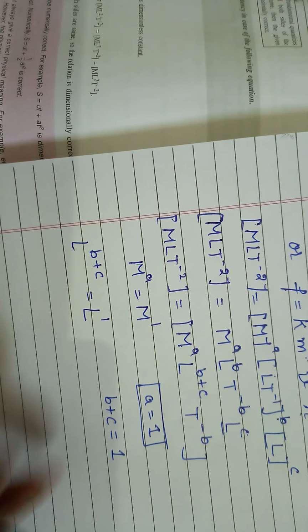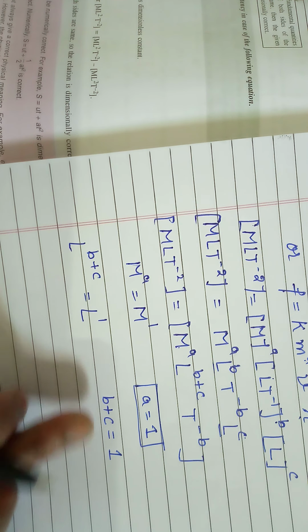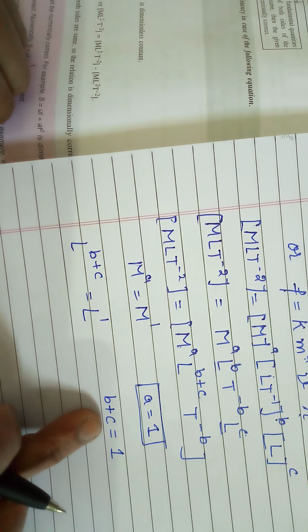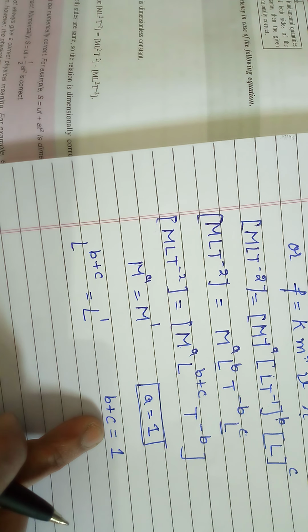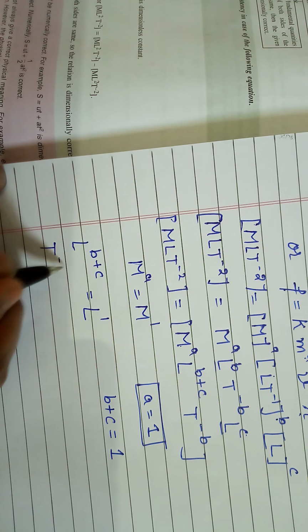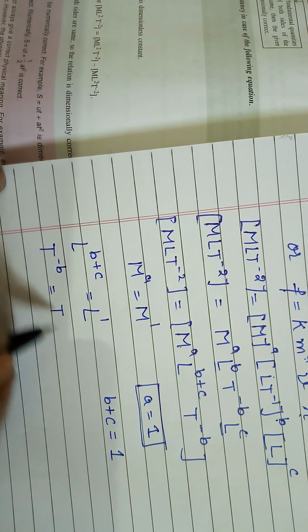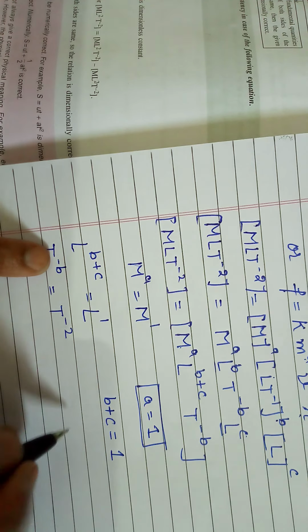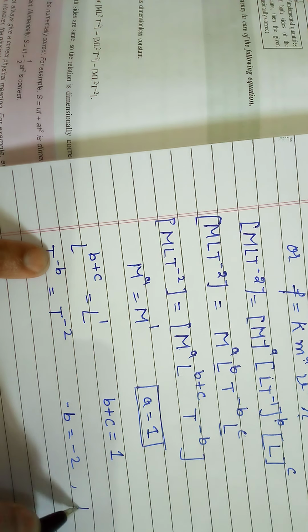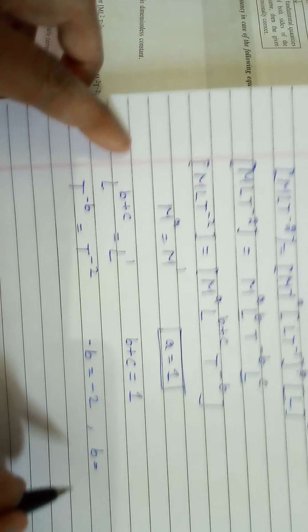But we don't know the value of c here. Clear? No problem. We can calculate from the next one: T to the power minus b is equal to T to the power minus 2. So minus b is equal to minus 2. Therefore b is equal to 2.